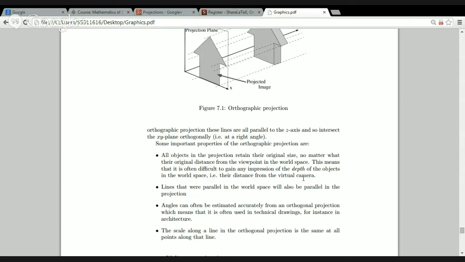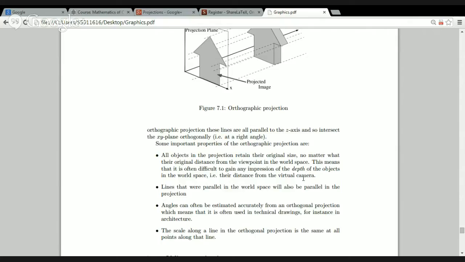So for instance, the bottom line of this house here, and maybe the top line going across the first floor, no matter how the object is oriented in the aligned world space, lines that are parallel in the world space, when they undergo orthographic projection, they'll be projected to lines in the screen space or the projection space that are still parallel. So this projection preserves the parallel relationship that might exist between lines.